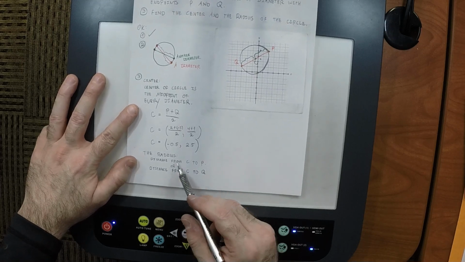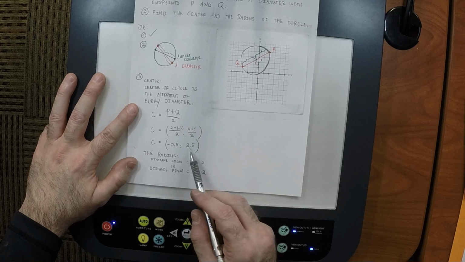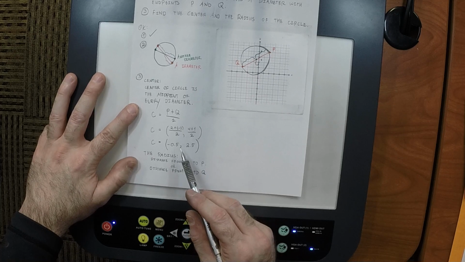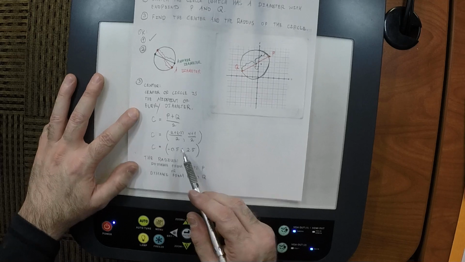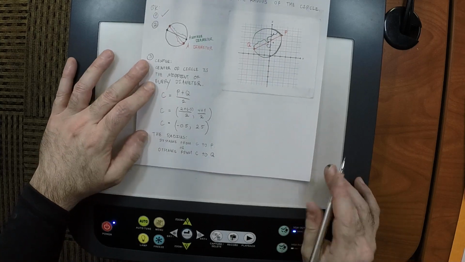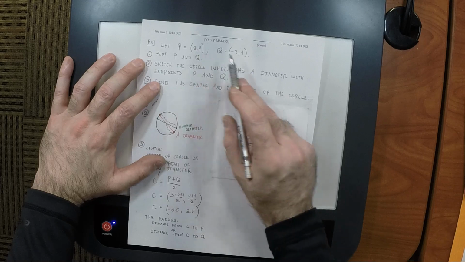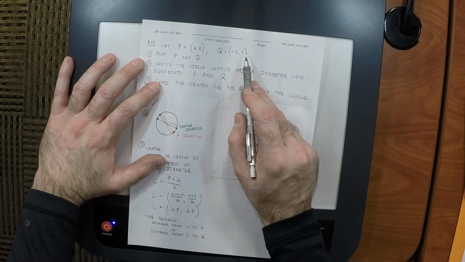But these are a little bit clumsy, because C has fractions in it, right? It has decimal points. And it'd be nicer if they were all integers. The arithmetic would be slightly more convenient. Notice that P and Q have integer coordinates, 2, 4, and negative 3, 1.